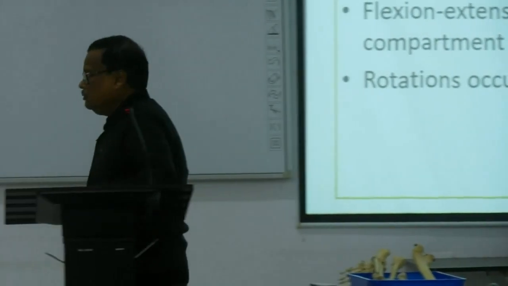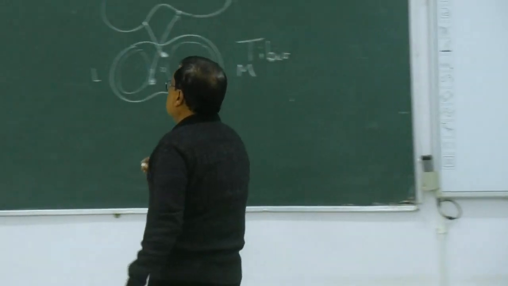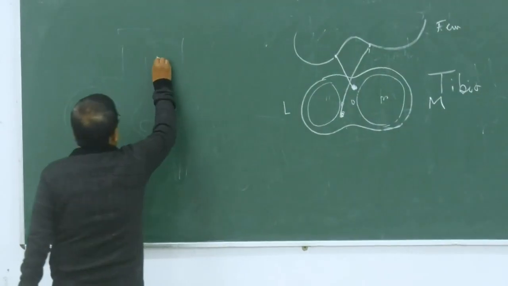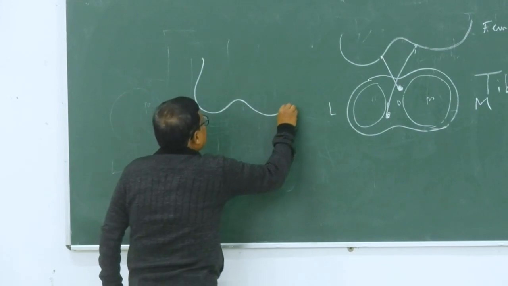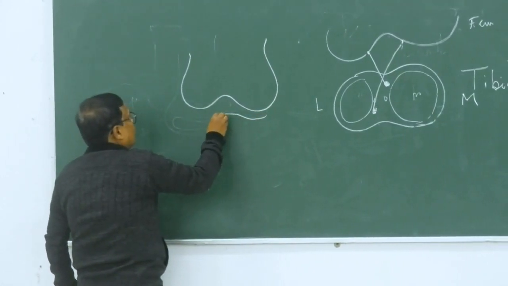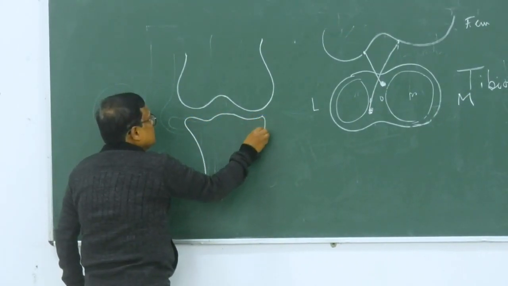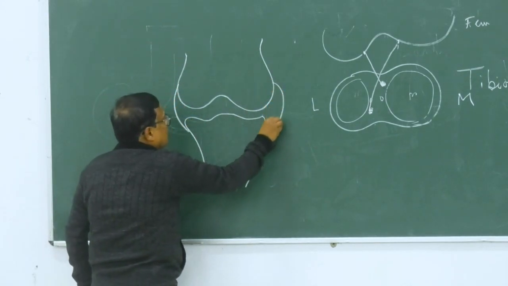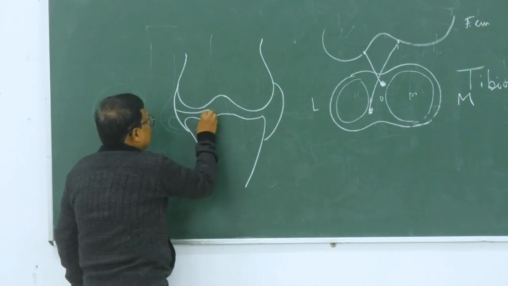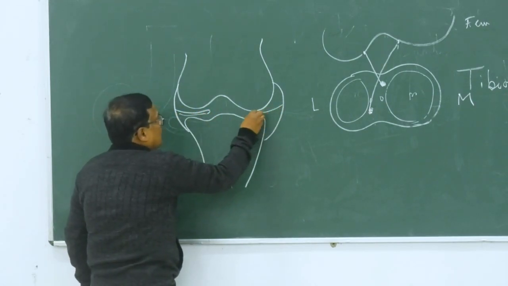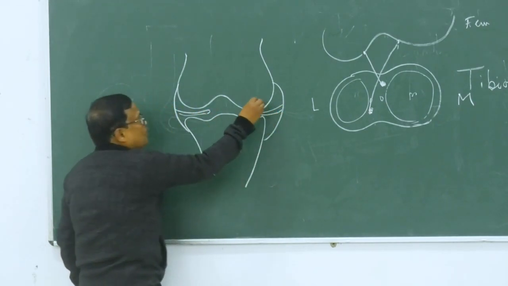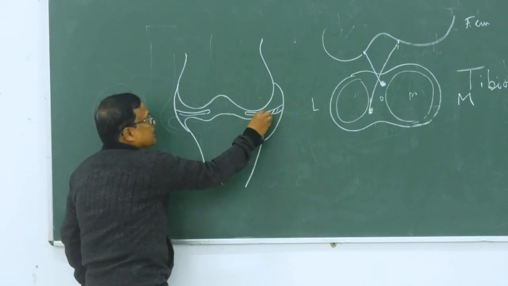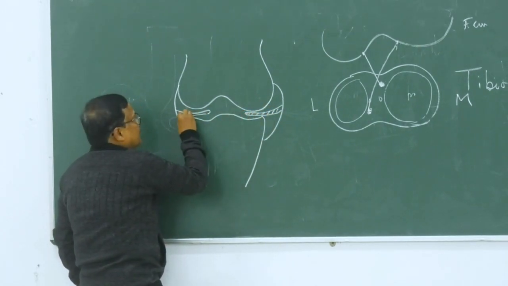If this is the femur, if this is the tibia, the menisci partially divide the joint.